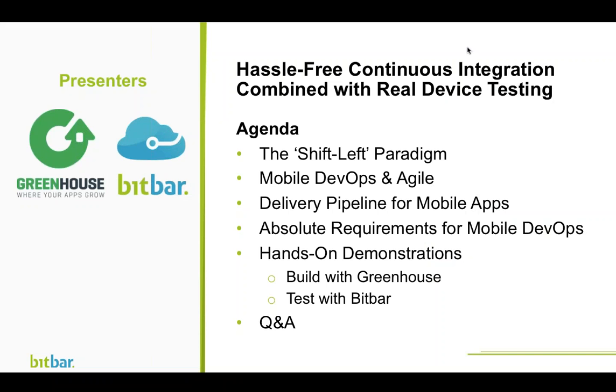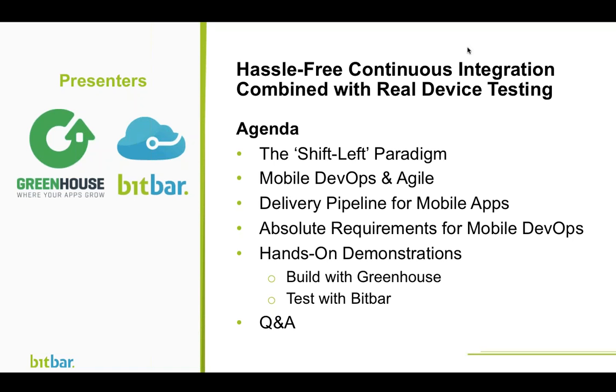So for the agenda today, we will actually go through a bit of slides first. There's a couple of paradigm things we want to cover, especially when we talk about mobile testing and shift left. I'm talking about why and how people see this shift left today and what mobile DevOps means in that context. Also, we talk quite a lot about mobile DevOps, agile methods, continuous integration, of course, and a couple of other things that are very practical and highly used with teams doing agile, or having agile practices.